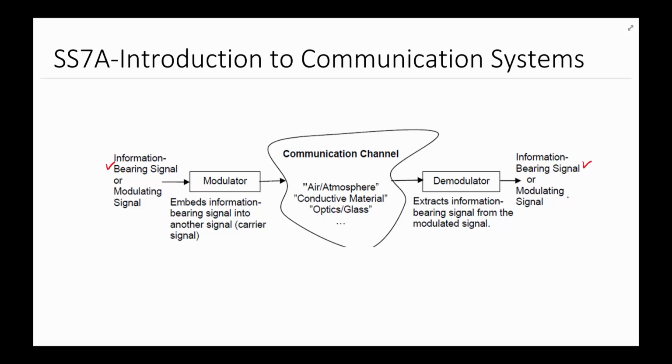So that's our goal. Another name for the signal on the sending side, we sometimes call it the modulating signal. And then at the receiving end, what we get is a modulating signal. So that's another name for the information bearing signal.